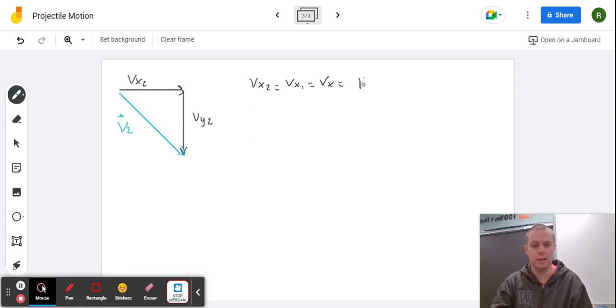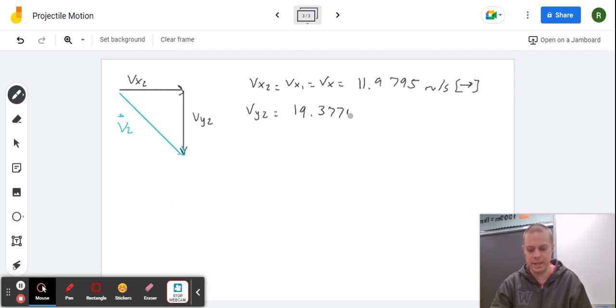And we already learned that it was 11.9795 meters per second to the right. And Vy2, which we just found previously, was 19.3776 meters per second going down.